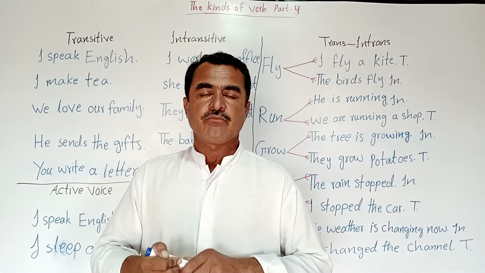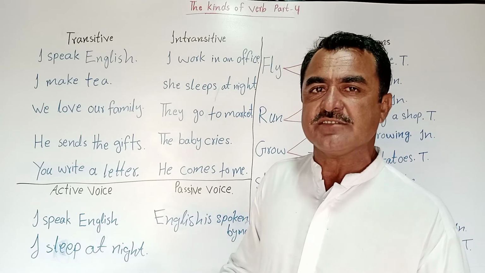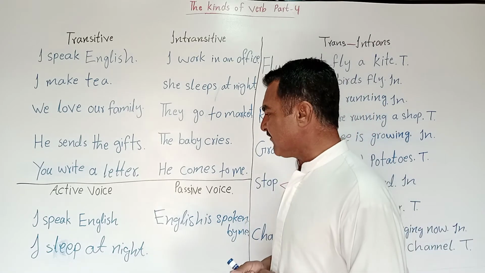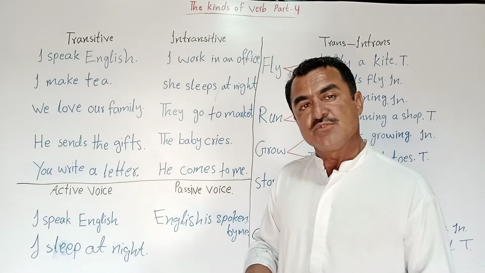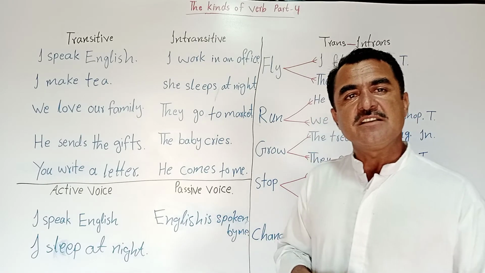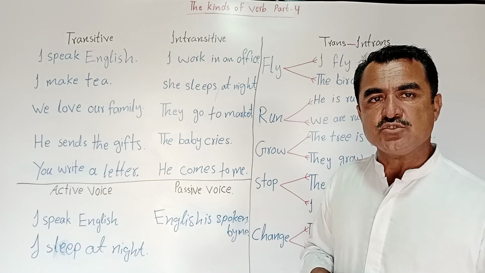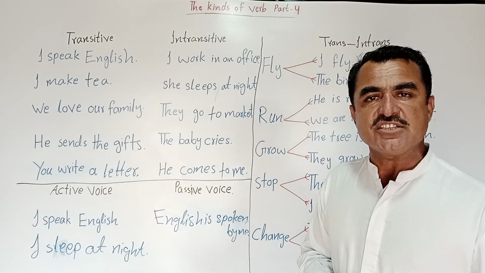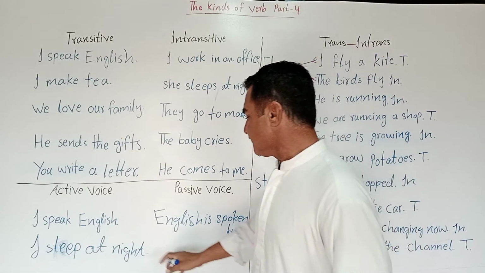Now, can you change this active voice sentence into passive voice? Just try it. How will it be, by the way? I sleep at night. At night slept by me. Night sleeps by me. Night is slept by me. Wrong. So that is why sleep is an intransitive verb. That is why we cannot change it into passive voice.